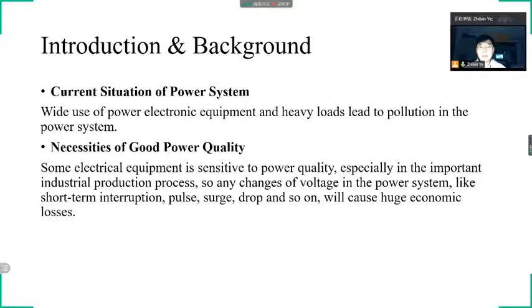Some electronic equipment is sensitive to power quality, especially in the important industrial production process. So any changes of voltage in the power system, like short-term interruption, pause, surge, drop, and so on, will cause huge economic losses.